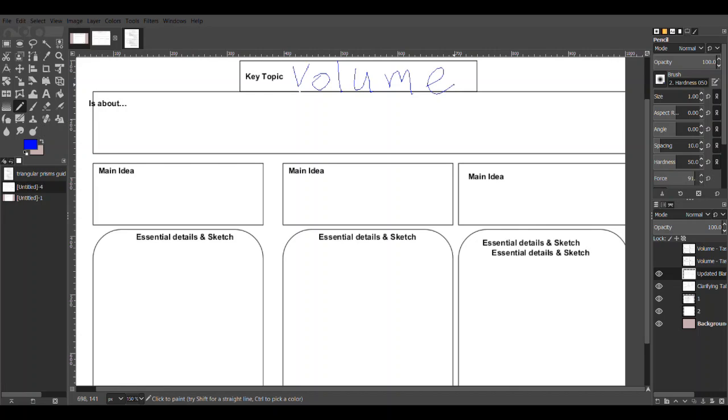This volume is about the size of a 3D object. The size of a 3D object.